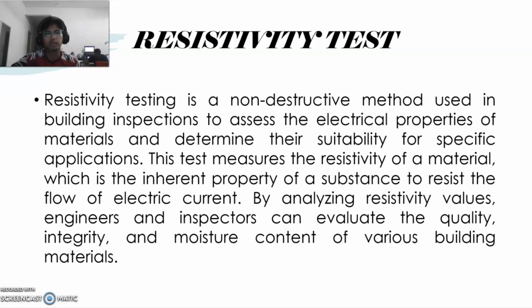By analyzing resistivity values, engineers and inspectors can evaluate the quality, integrity and moisture content of various building materials. By accurately measuring the flow of electricity, resistivity testing detects the possibility of steel corrosion and the diffusion rate of chloride within the concrete.